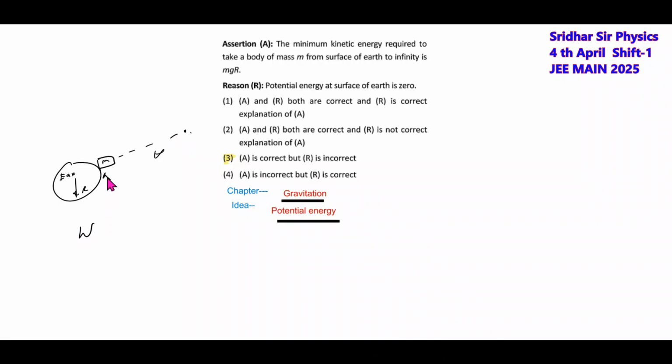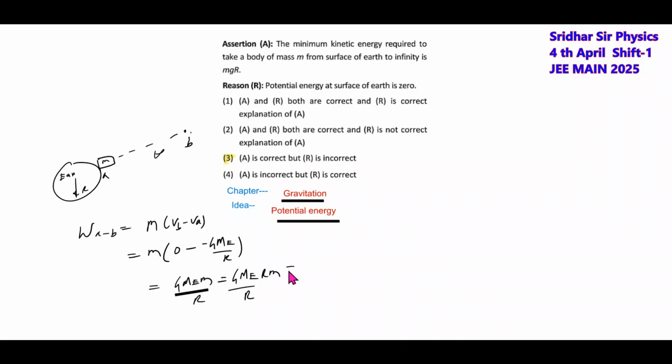Work done by an external agent in moving from A to B should be equal to mass times VB minus VA. Potential at infinity is 0. Potential on the surface will be minus GM_E by R. So this will become GM_E m by R. G M_E by R square will become g, so it becomes mgR.